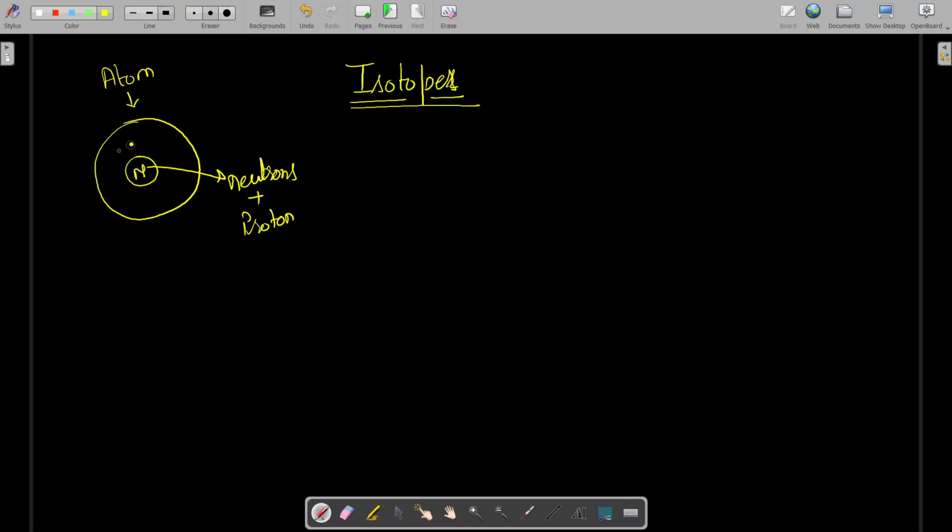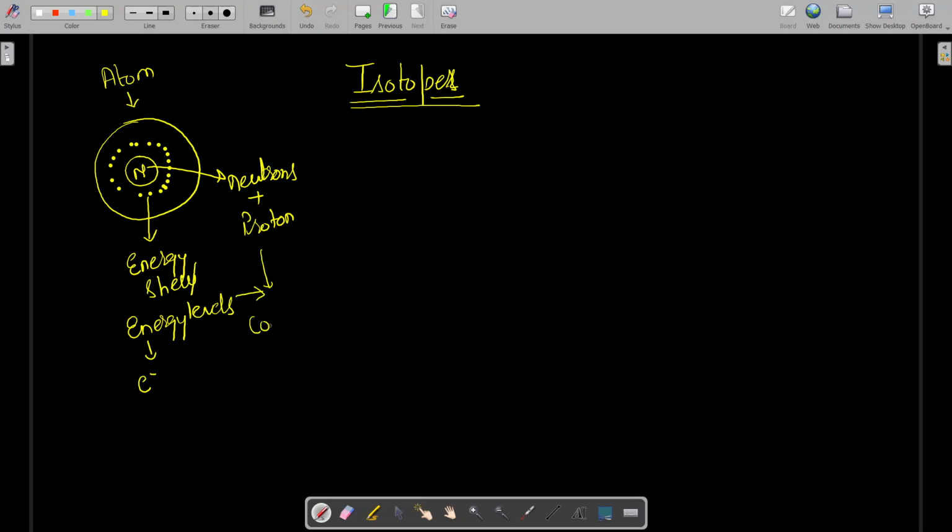As well, there are a number of electrons moving around the nucleus in their particular energy shells, or we can say energy levels.